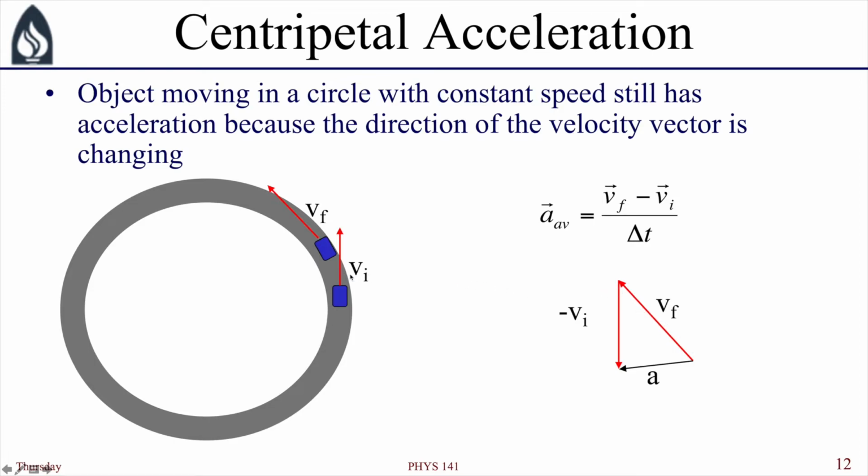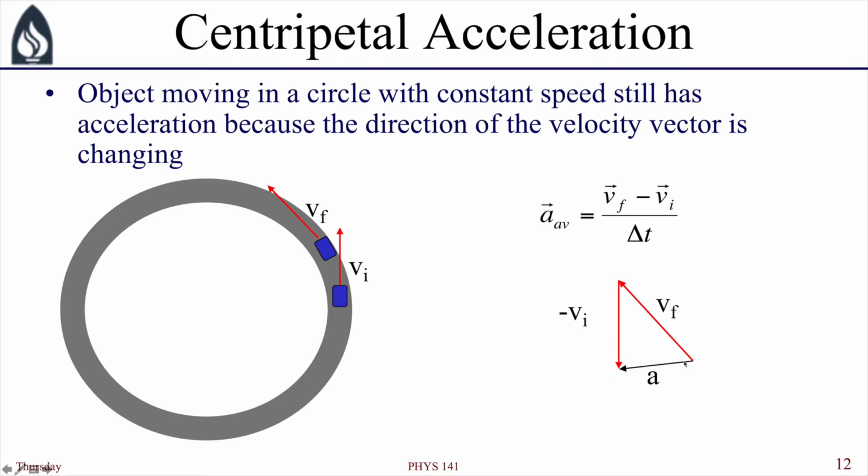Then if we subtract the initial velocity vector, that means we take the negative, or flip the direction, and add it to the final velocity vector. So the sum of those becomes the acceleration, or actually the acceleration times the time interval. But this shows us the direction of the acceleration vector.